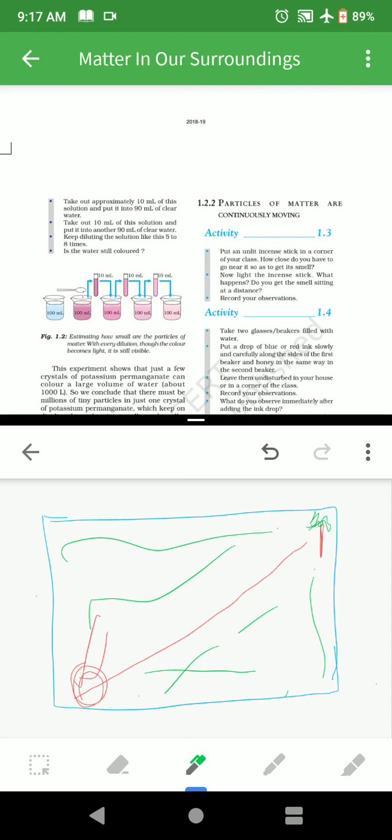That means now you don't need to go near that incense stick. What does it mean? It means that particles of matter are moving continuously, because this smell or gas is also a kind of gas. That means it is also a part of matter. So we can see from this activity clearly that particles of matter are moving continuously. Clear, dear students?